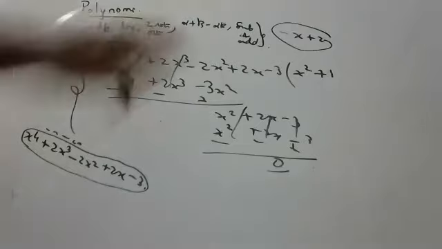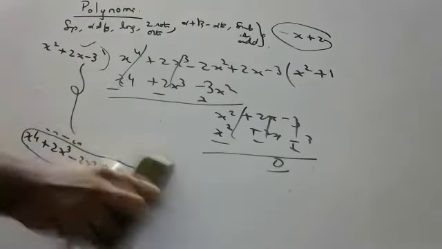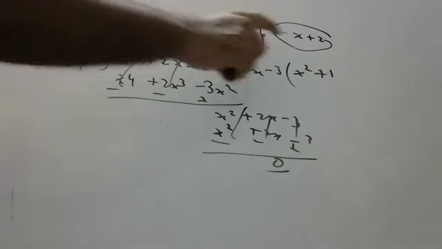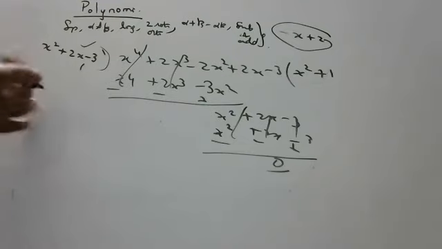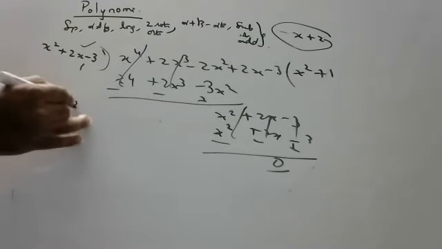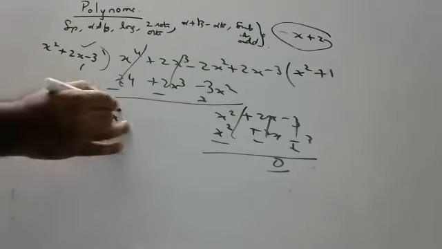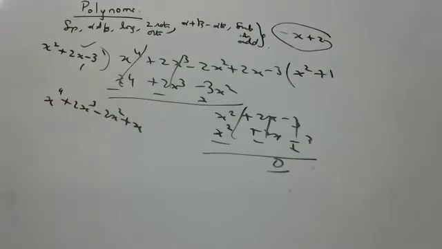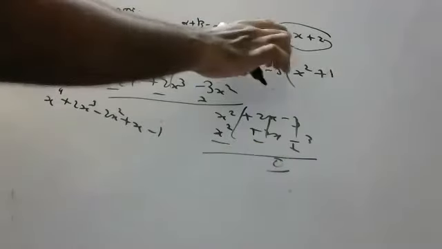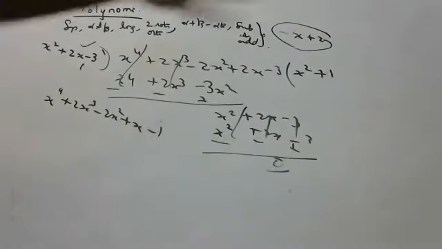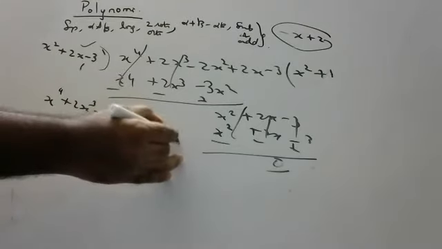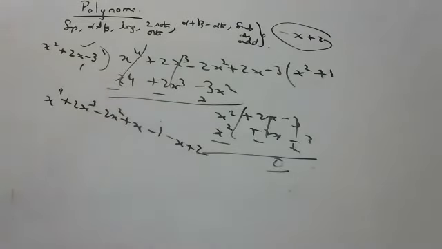What should be subtracted? What was our remainder? Our remainder was minus x plus 2. What was our original question? Original question is x4, 2x3 minus 2x2 plus x minus 1. Suppose I was getting minus x plus 2 as remainder. Directly you subtract. Directly subtract means minus x plus 2. You directly subtract, that's all.